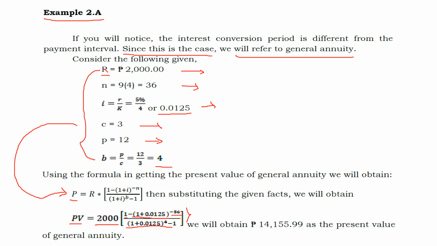If we use the calculator, the resulting value is 14,155.99 pesos as the present value of this general annuity. So that's how we compute for the present value of the general annuity in this example problem.